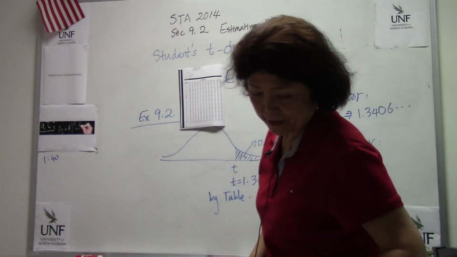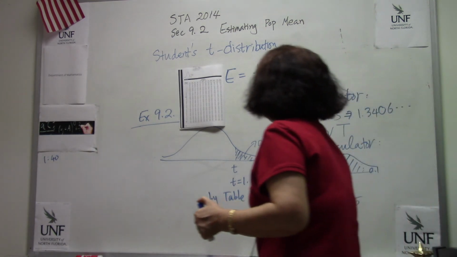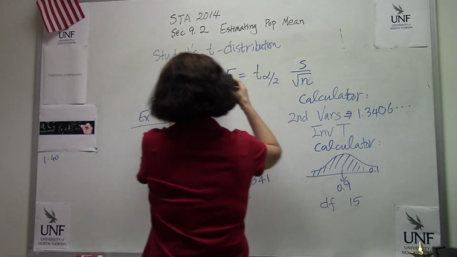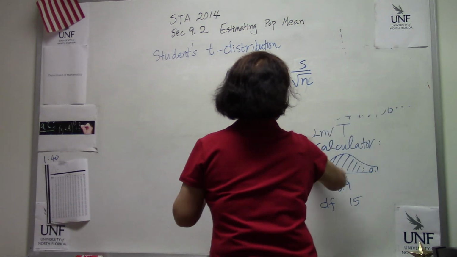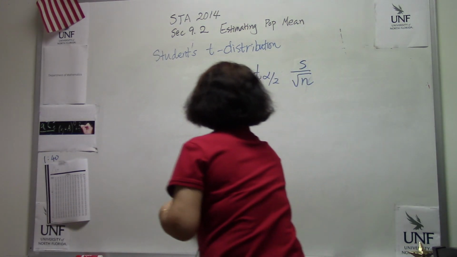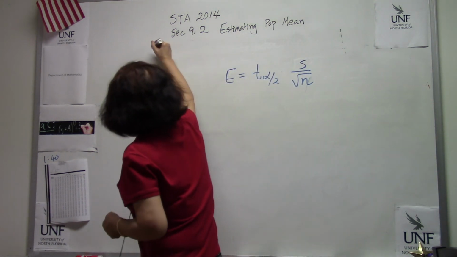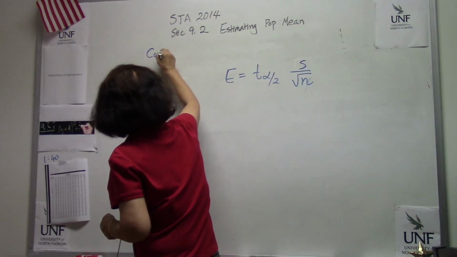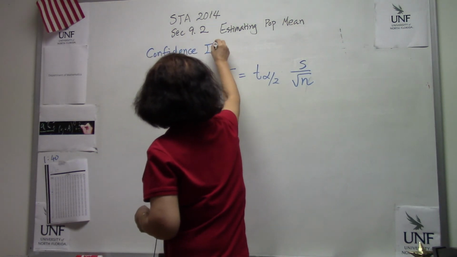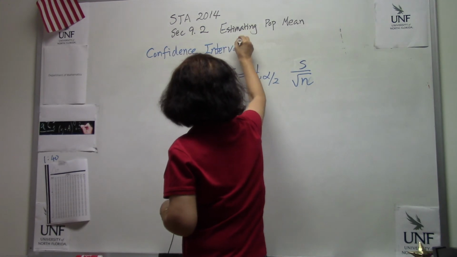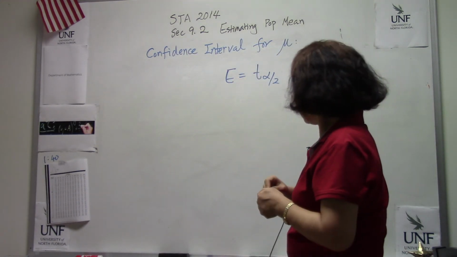So this is just a simple warm-up, and now we go for a confidence interval for mu, the population mean.